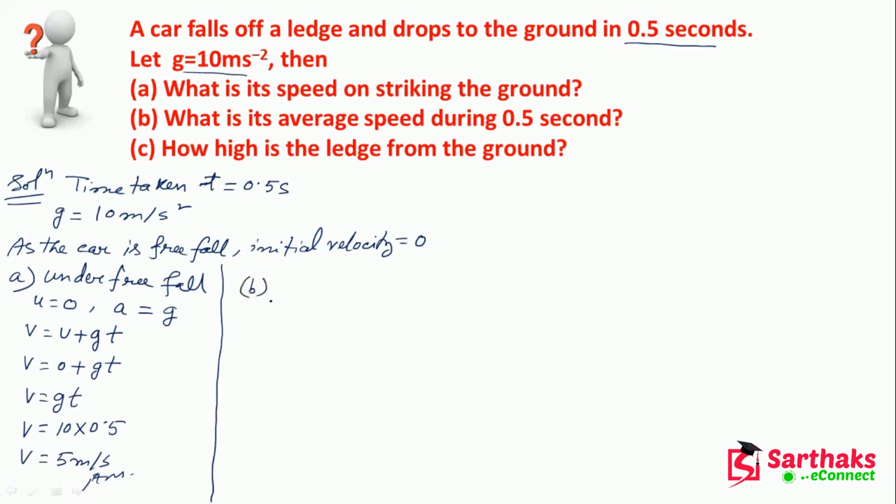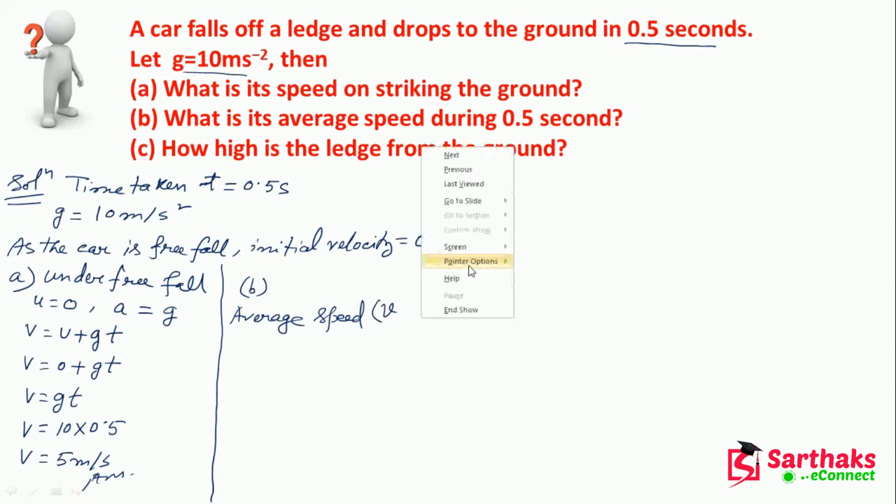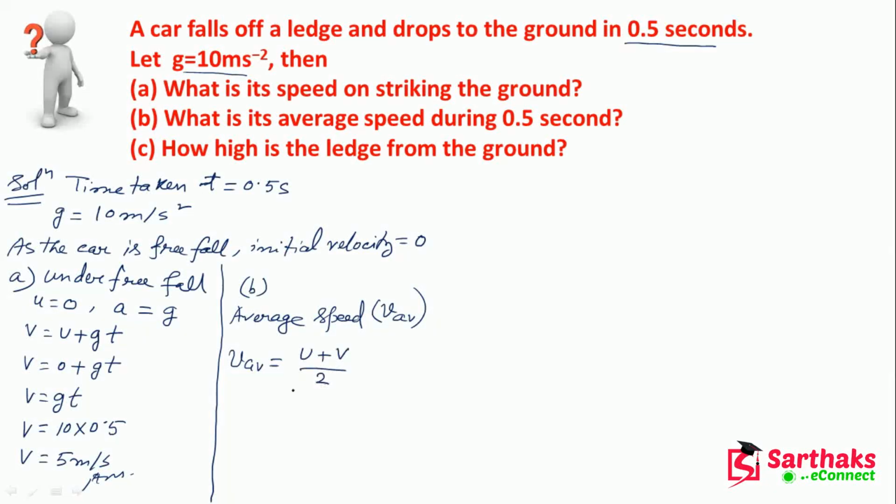Now let's think about B. What is its average speed during 0.5 seconds? Now here the average speed, let's denote it with v_av. So v_av equals (u plus v) divided by 2.